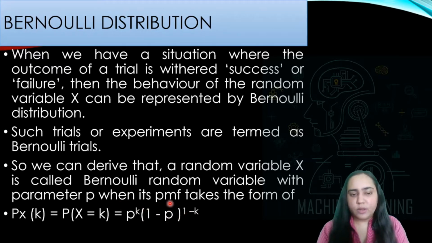So if your probability mass function takes this kind of form, then that random variable is called a Bernoulli random variable. Here the value of k will be 0 and 1, given that there are two states, success and failure, or winning and losing, but always two states. It could be heads or tails as well.